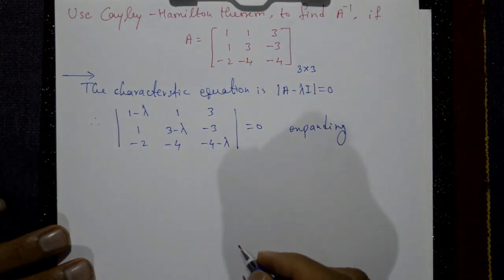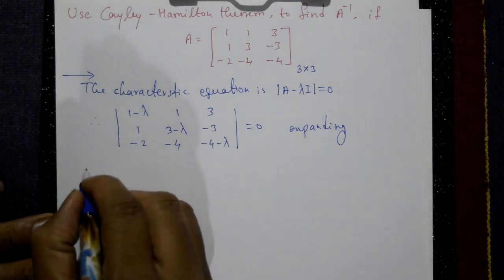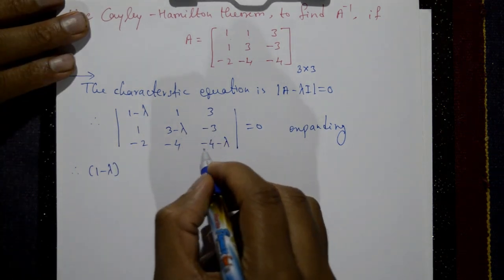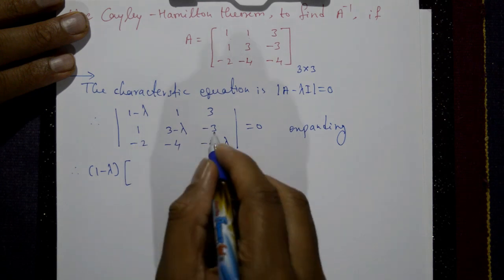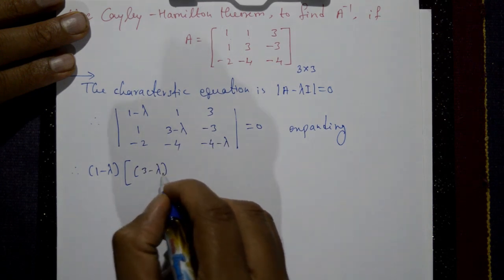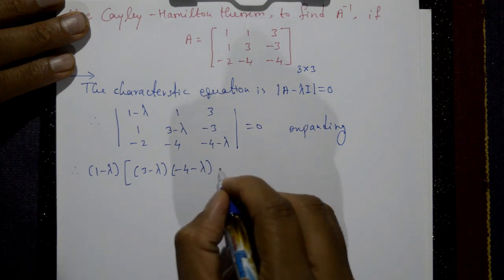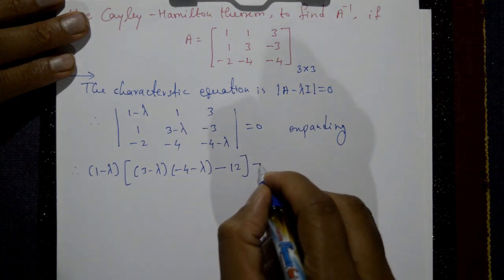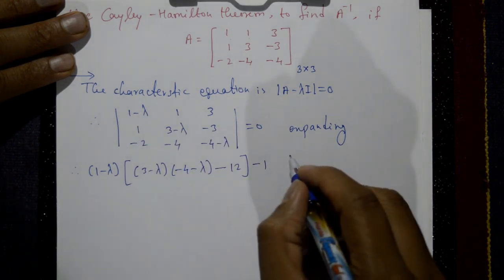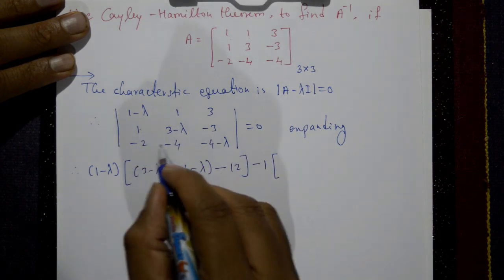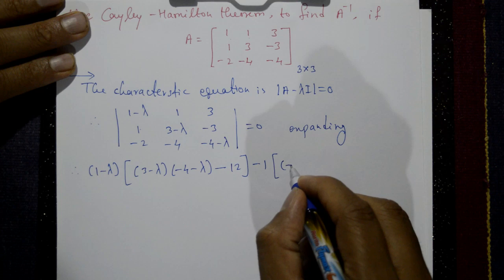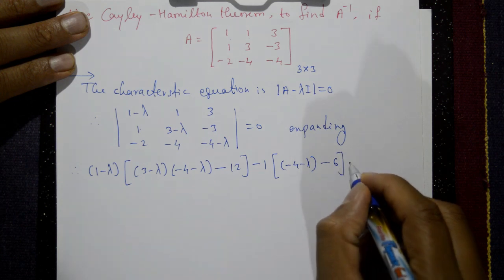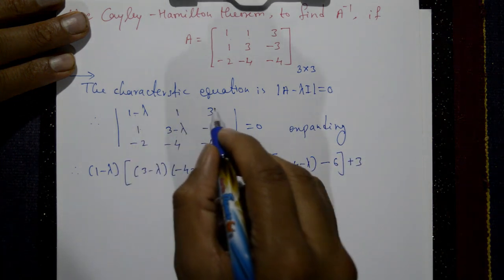Now expanding, expand this determinant. First one is 1 minus lambda, take 4 elements: (3 minus lambda) into (minus 6 minus lambda), minus sign, minus 3 times minus 4, which is 12. Minus 1, the first element, then after the second one, minus 1 into, take these 4 elements, multiplication, and so on.